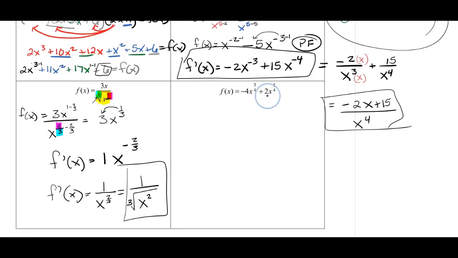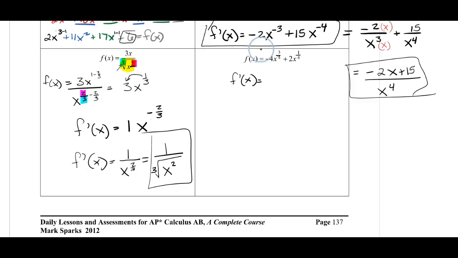Looking at our final practice problem here, these are little fractions. These are in polynomial form. I have one term, x exponent, and another term, x exponent. So we can go ahead and take the derivative. So 3/4 times negative 4.